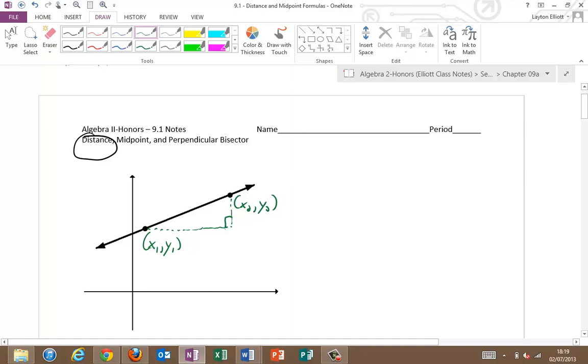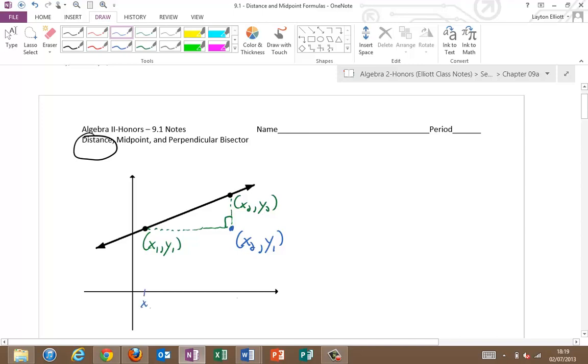I know that I can find the distance between any 2 points as long as I have a horizontal distance and a vertical distance. So if I were to label this point here, this point in blue, this would have the same x-coordinate as the second point, but it would have the same y-coordinate as the first point. Think about that for just a minute.